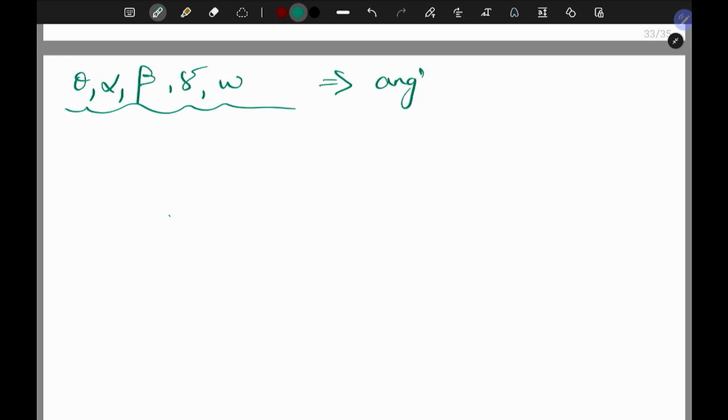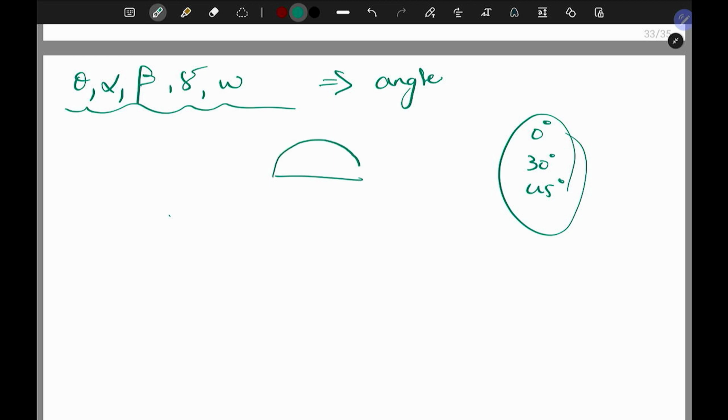So theta has brothers. They're called alpha, beta, gamma, omega. All these are basically variables to define angles. What are angles? Angles are 0 degree, 30 degree, 45 degree. The things that you see on your protractor. What is a protractor?